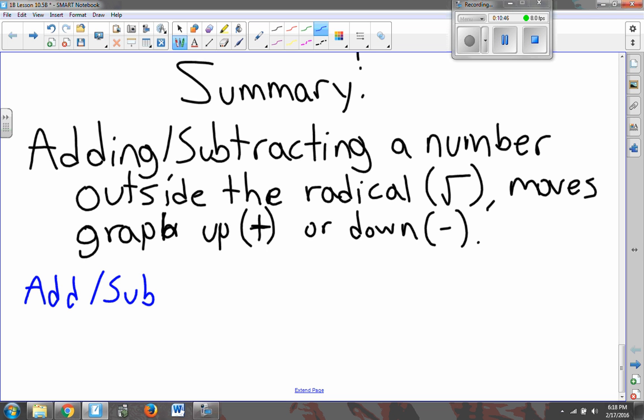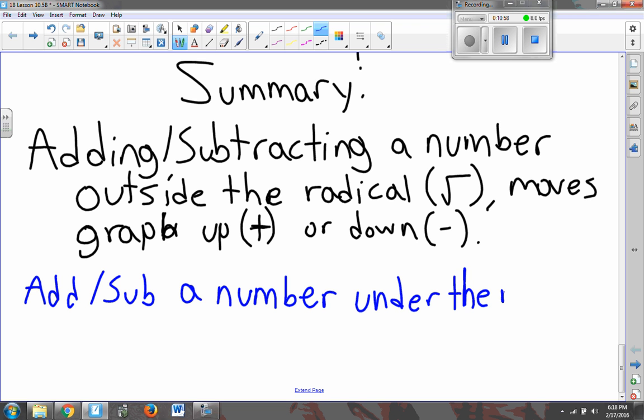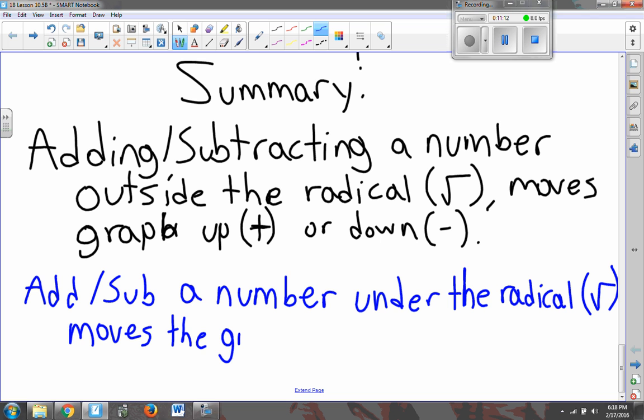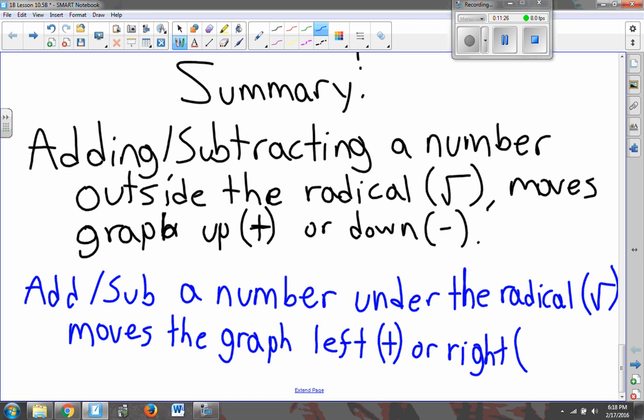Adding or subtracting a number under the radical moves the graph left if it's a plus, or right if it's a minus.